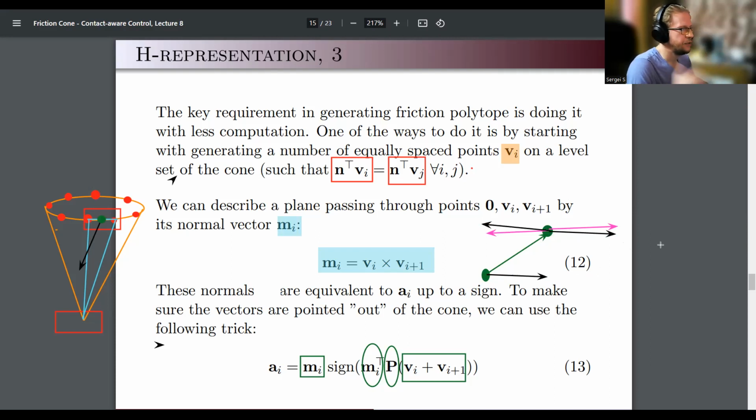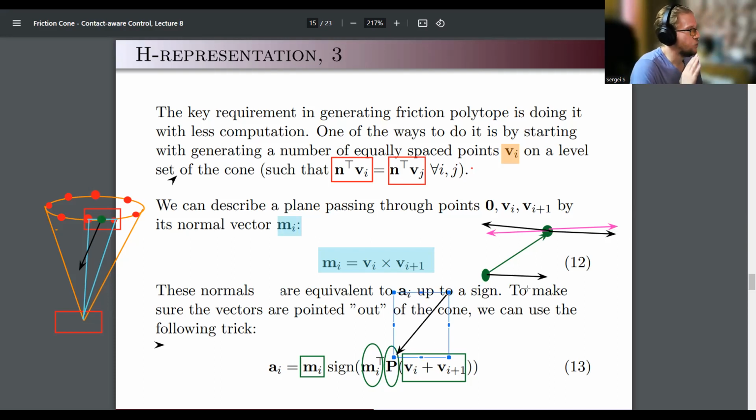And then I say, okay, let's find the dot product. If the dot product of those two projections is positive, then the sign is correct. If it is negative, we multiply m sub i by the sign, and we correct the sign this way. It just happens that when you project both vectors, you have two projectors, and in the dot product, those orthogonal projectors are equivalent to one projector. That's why we only have one P here and not two of them.